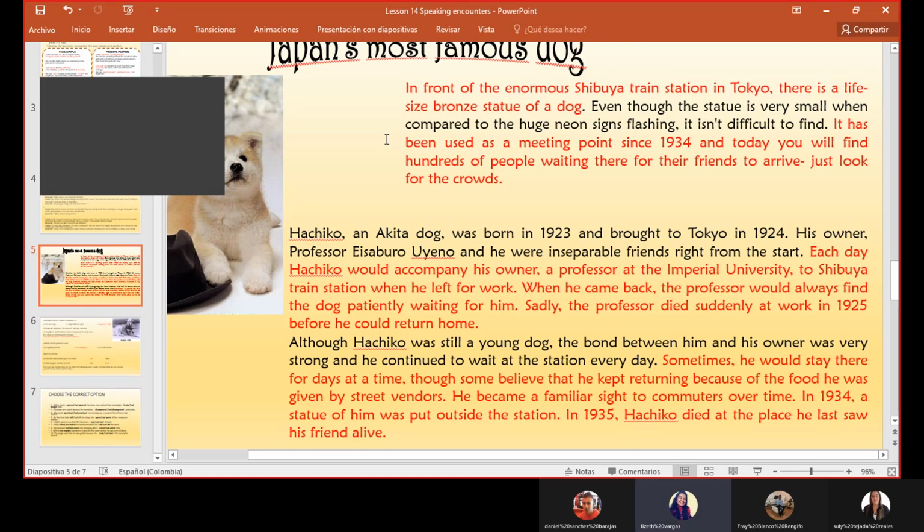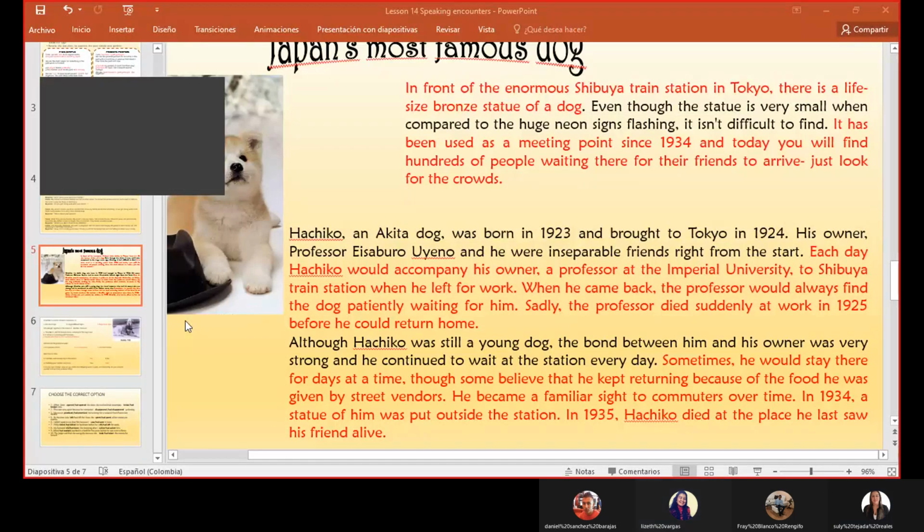Hachiko, an Akita dog, was born in 1923 and brought to Tokyo in 1924.